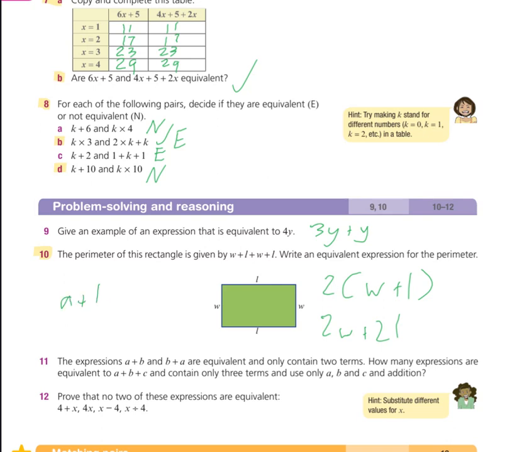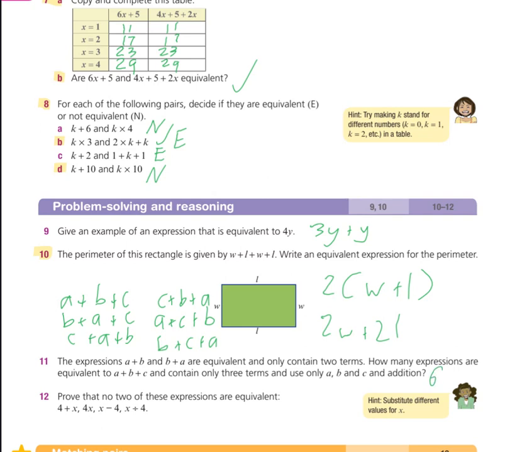Could have a plus b plus c, and then b plus a plus c, and c plus a plus b, and c plus b plus a. And then there's also going to be a plus c plus b. So 2 with a at the start, 2 with c at the front, and we need 2 with b at the front. b plus c plus a. 3 times 2 times 1 will be the answer, so 6. So it'll be 6 different expressions.